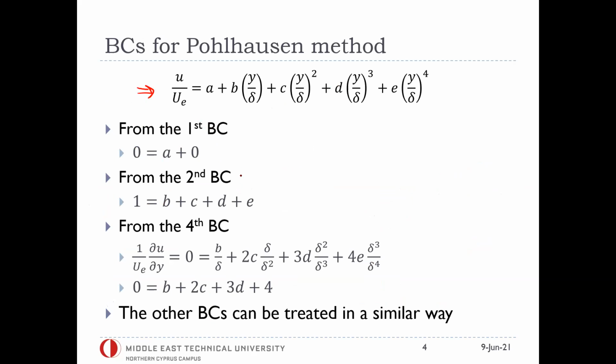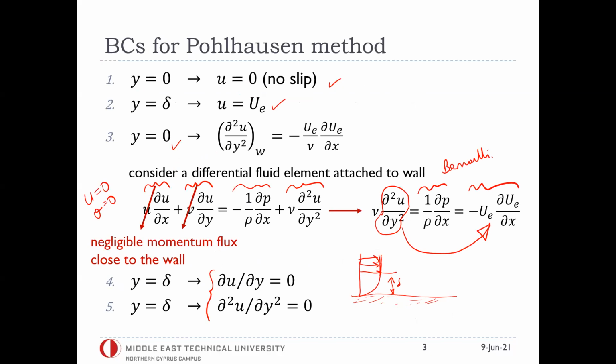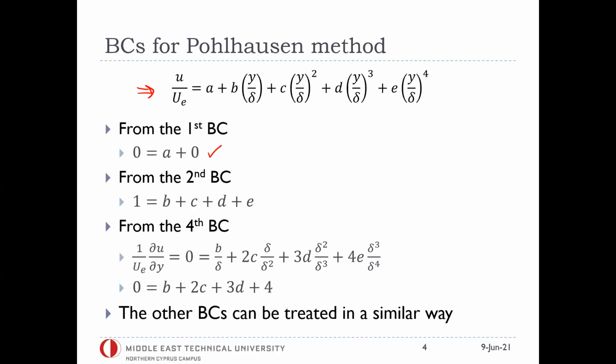Fourth order polynomial. So we say from the first boundary condition, at y equal to 0, velocity will be equal to 0. So all the terms disappear except a. So a must be equal to 0. Plus the second boundary condition, what was that? At y equal to delta, u is equal to uh.